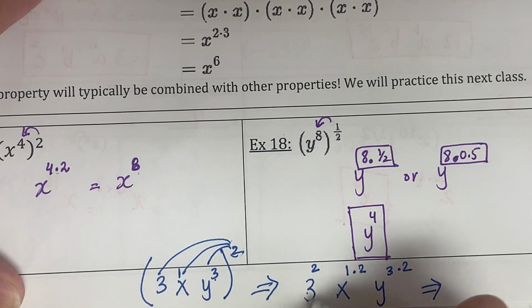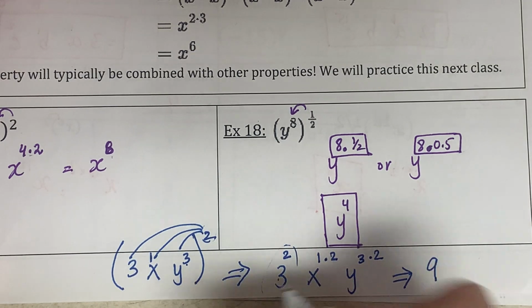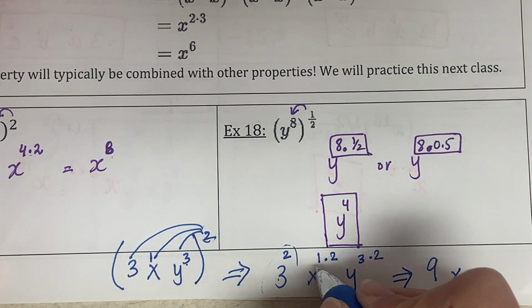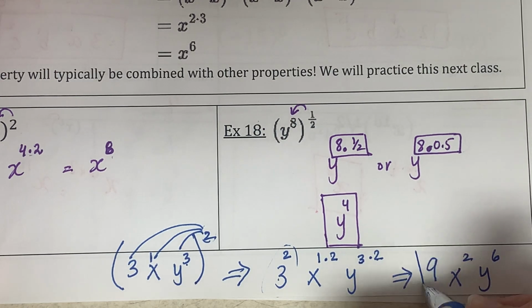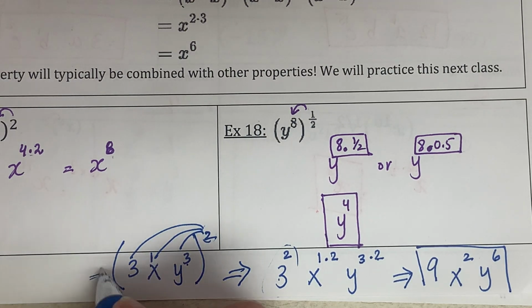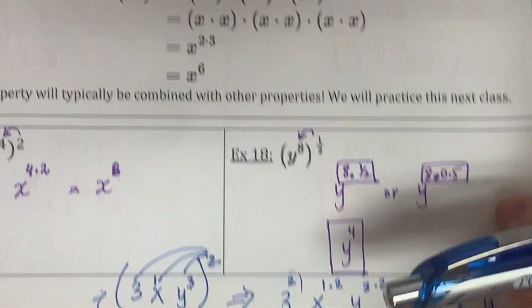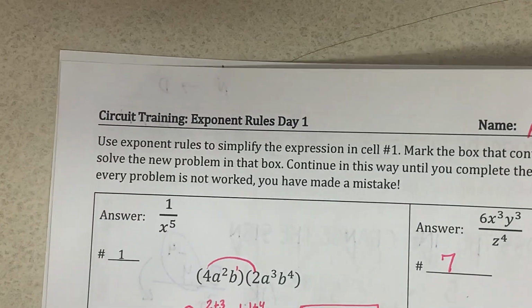This is not 3 times 2 is 6. This is 3 squared, which is 9. So use a calculator if you can't solve that part. Then x, 1 times 2 is a 2. 3 times 2 is a 6. So this is how you would solve this example. Make sure you copy this one as well. You have a practice at the back that you have to finish.